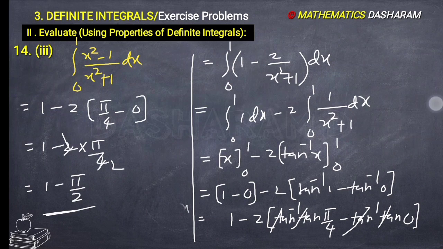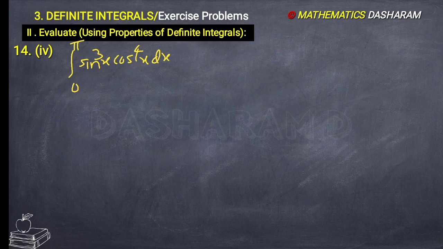our required answer. Integration 0 to pi sin cube x into cos to the power of 4 x dx. So let's select cos x equal to t, and its derivative is minus sin x equal to dt by dx.